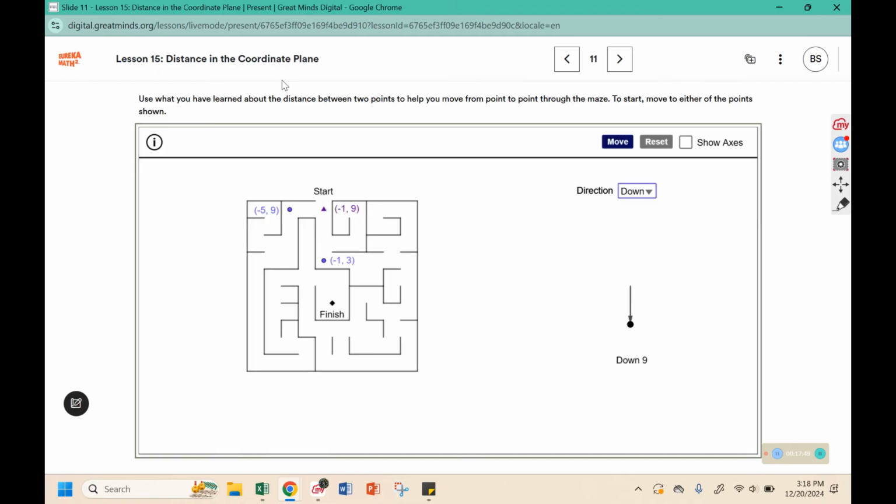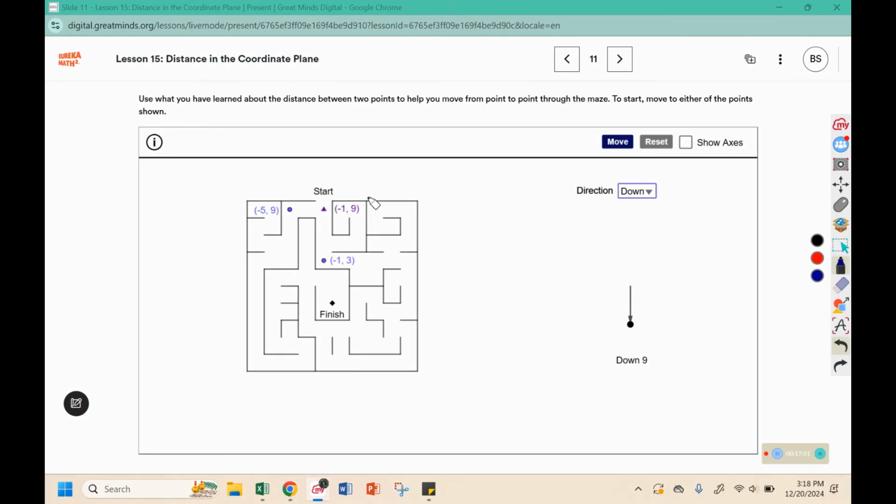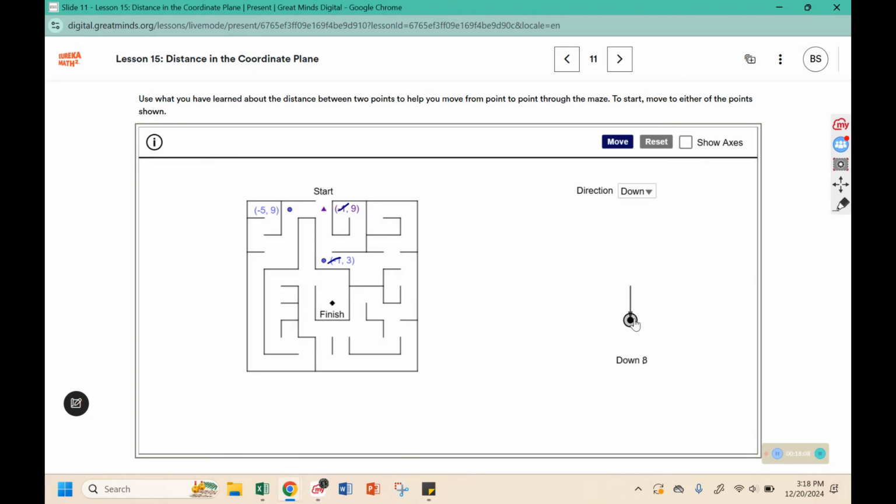And if we are at 9 and 3, they're in the same quadrant, so 9 minus the absolute value of 3 would give us 6. So we need to adjust this. We want to go down 6. And so then we'll click move.